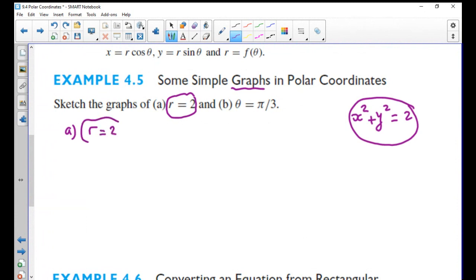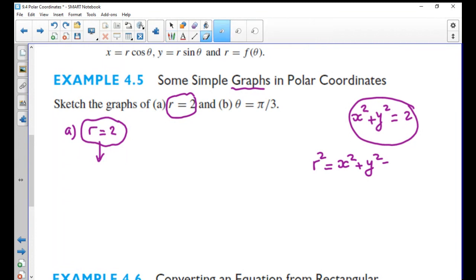Where are the points which have their polar coordinates r equal to 2? Well, we can do this in several ways. We can change this into x and y. What is r? Remember, x squared plus y squared is r squared, yeah?